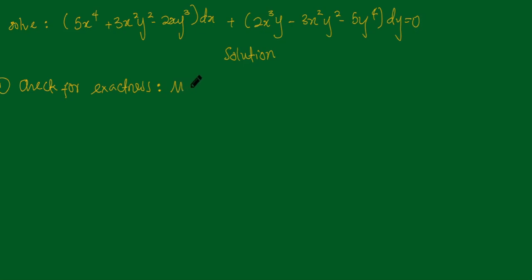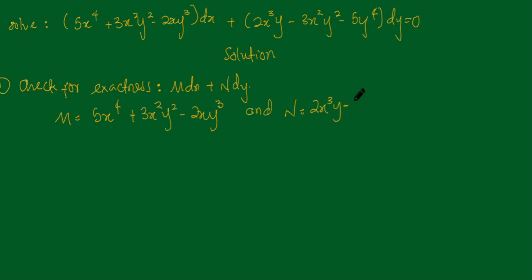If you compare this with M dx plus N dy, we can see that M is equal to 5x raised to the power of 4 plus 3x squared y squared minus 2xy cubed, and N is equal to 2x cubed y minus 3x squared y squared minus 5y raised to the power of 4.